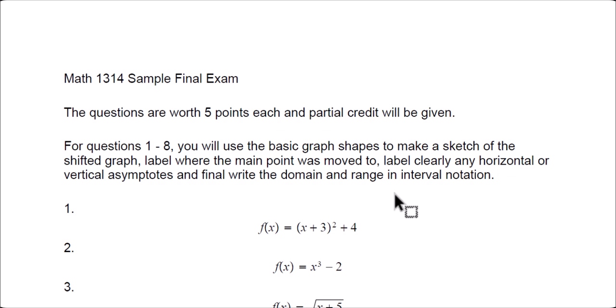You're going to take one of our basic graph shapes, move it around somewhere. You're going to label where the main point got moved to, and if it has any horizontal or vertical asymptotes, you're going to list those as well. And finally, you're going to write the domain and the range.